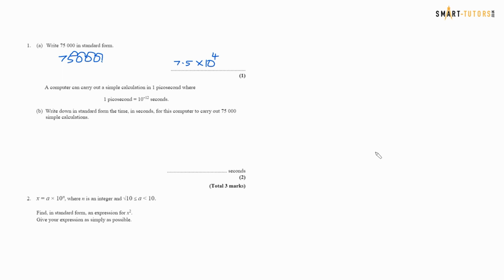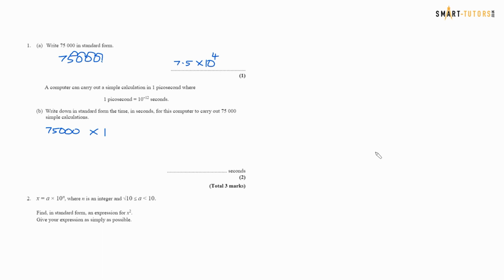A computer can carry out a simple calculation in a picosecond, where 1 picosecond equals 10 to the power minus 12 seconds. Write down in standard form the time in seconds for the computer to carry out 75,000 simple calculations. So each calculation takes 1 picosecond.